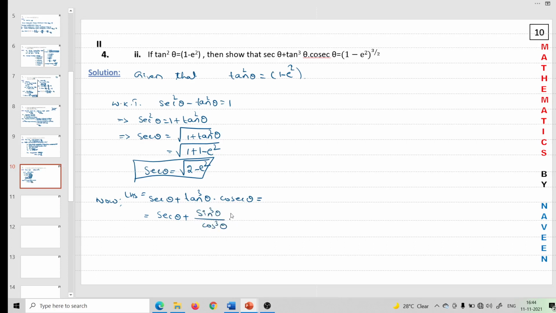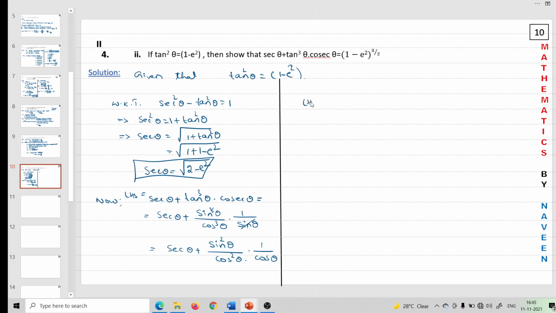Clear? Into cosecant theta as 1 by sin theta. Here one sin gets cancelled. We remain with secant theta plus, numerator sin square theta divided by denominator cos square theta into cos theta. I am writing it separately. This cos cube can be written as cos square and cos. Why? Because sin square by cos square is the tan square formula, so for that formula I am writing it as cos square into cos.